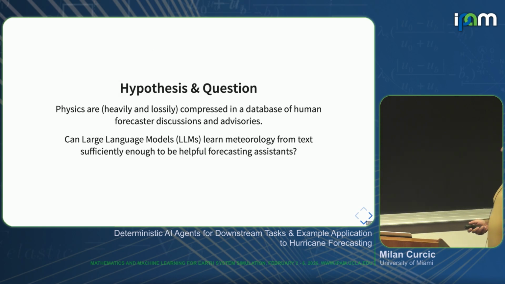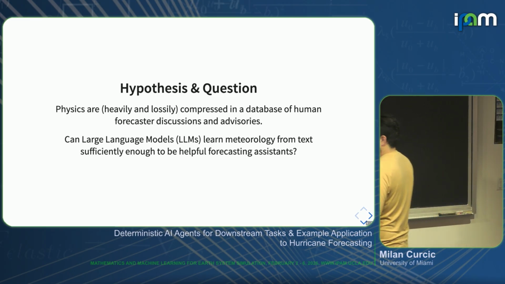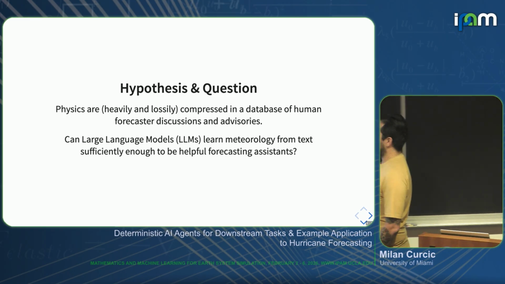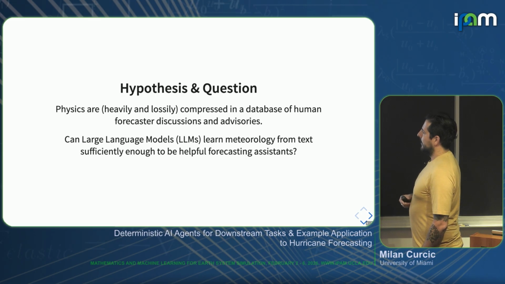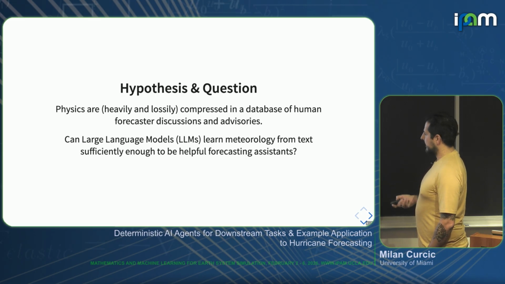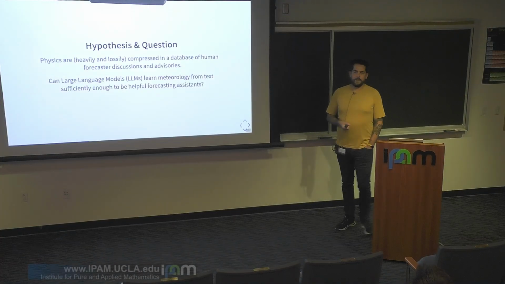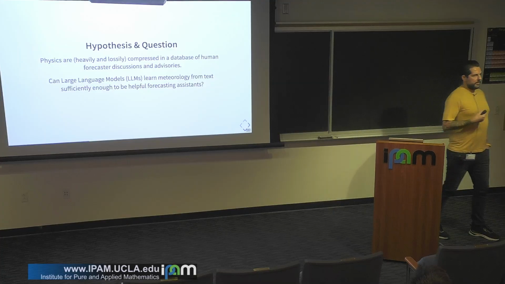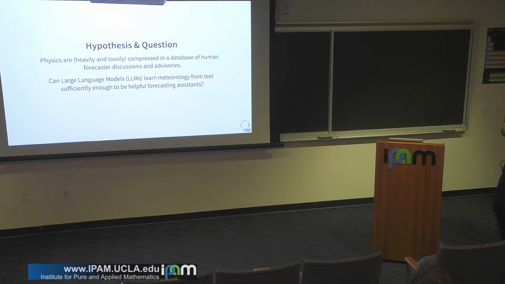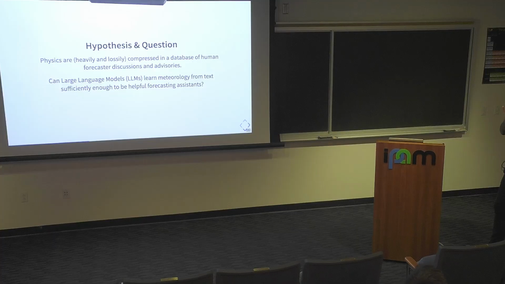So my hypothesis, and I think many people have phrased this maybe in a different way, but for different things, is that physics is compressed in a database of human forecaster discussions and advisories. So if you read through these discussions, there is meteorological information. There is information about physics and the relationships of how these emergent patterns like a hurricane work.